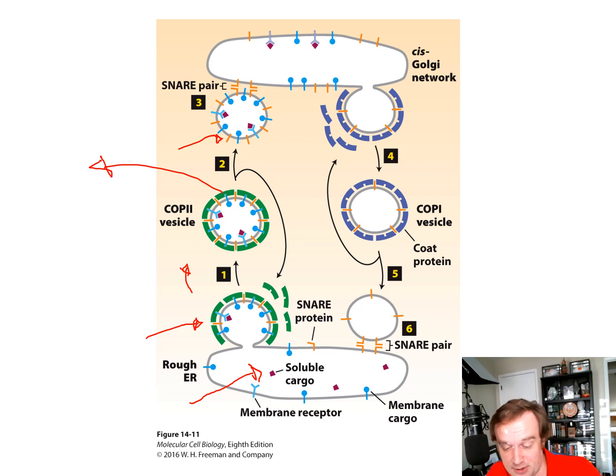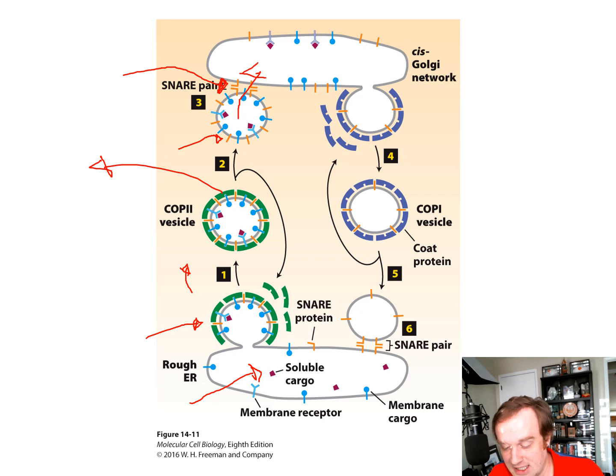So that was what we talked about in the last slide, where I said it was Twizzlers, but when we looked at the ribbon structure, it didn't look as much like Twizzlers as I had thought. But it wraps around the target snare and the vesicle snare. And then the membrane fusion releases those vesicle constituents into the receptive Golgi.